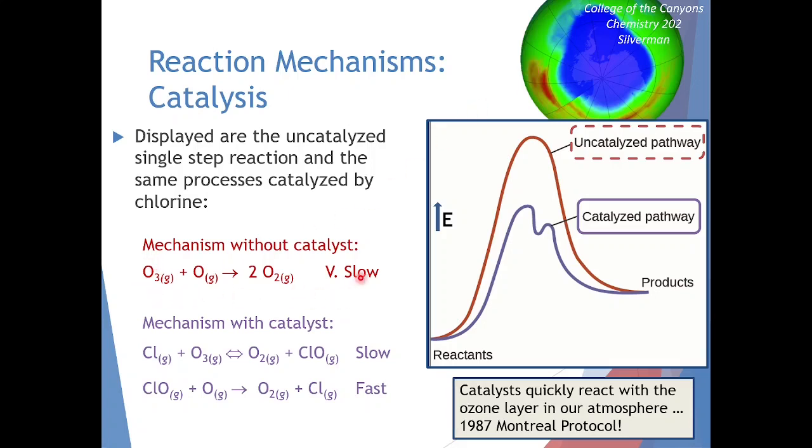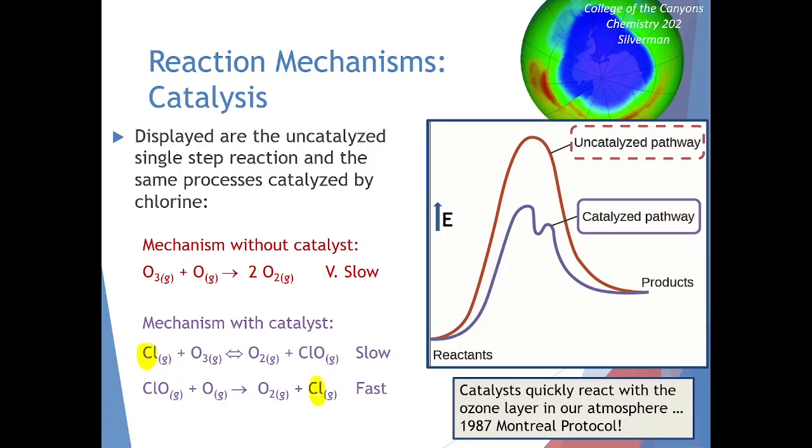Well, if this is a slow reaction without a catalyst, chlorine as a single atom is able to catalyze the reaction. We can form this ClO molecule as an intermediate, which then is able to very quickly react with oxygen to form oxygen molecules, and once again, that Cl atom.